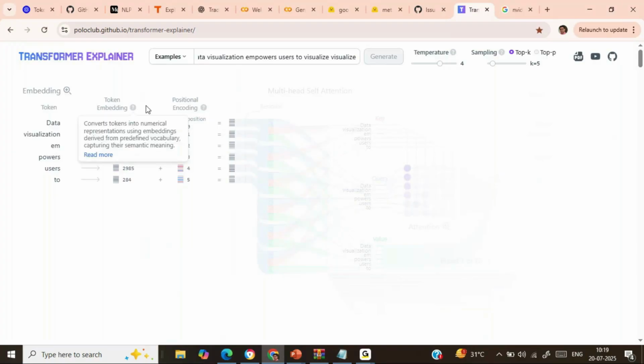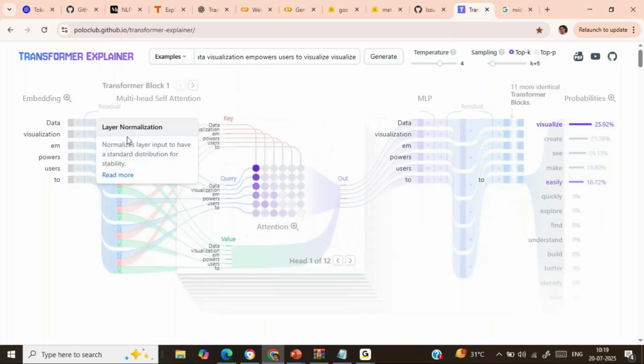And with respect to the tokens, we will be having the positional encoding. So over here, with respect to the given sequence of tokens, it is going to calculate the positions of those particular tokens. And with respect to the positions, once we club these two, we will be having the final output. So the position is used in order to check the priority, and all those particular things, I will explain in detail.